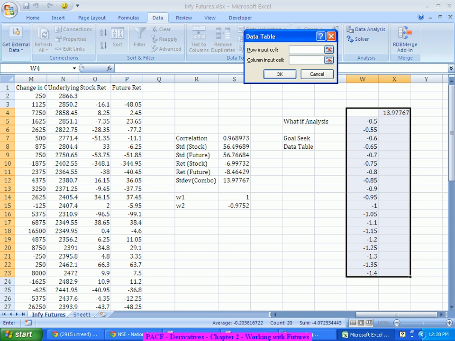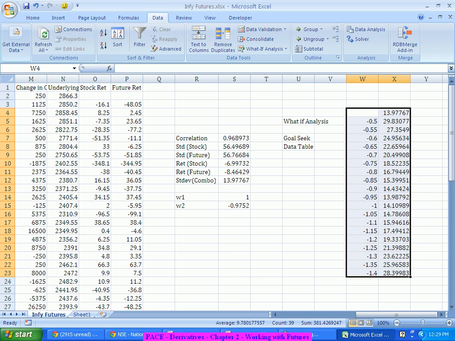So depending on whether the data is put in a column or in a row, I will select either row input or column input. If it is in the form of a column, I will select the column input. And here I will point it to this location because this is the one which I would like to change with all these possibilities and observe the standard deviation of the combination.